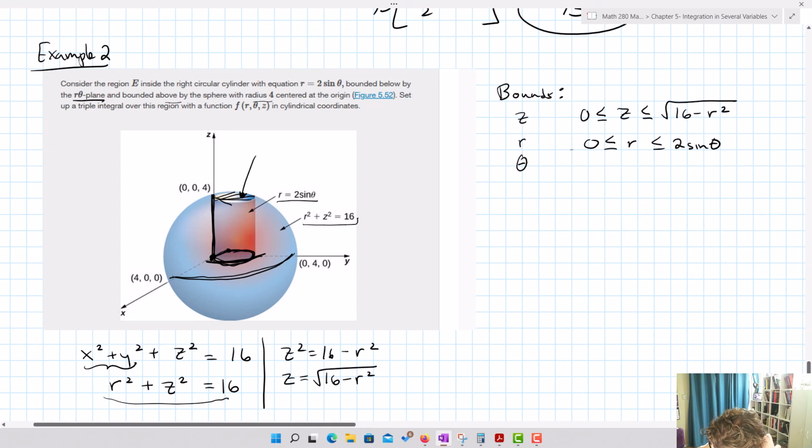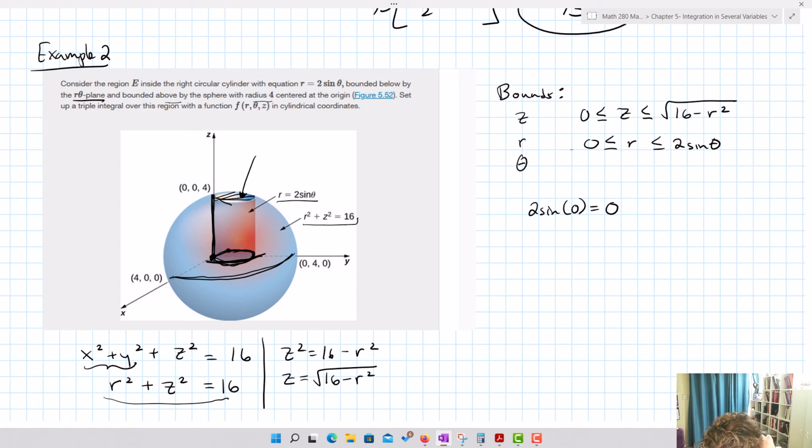If I plug in 2 sine of 0, that equals 0. And you're going to end up back at 0, one full revolution, since 2 sine of pi is also equal to 0. So you're going to go from 0 to 0, and that's why we're going from 0 to pi. So theta is going to be bounded below by 0 and above by pi.